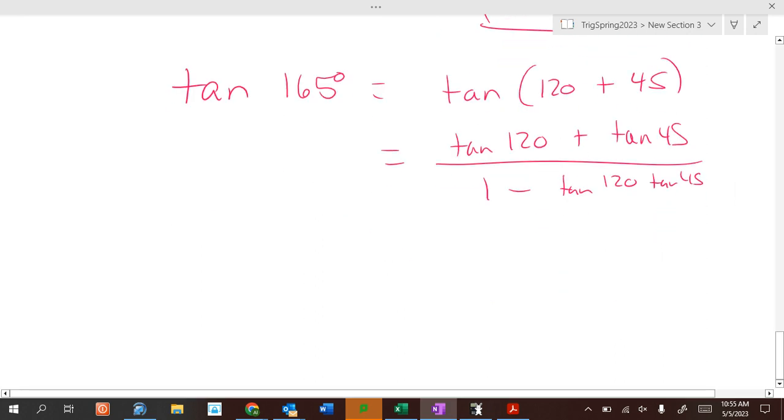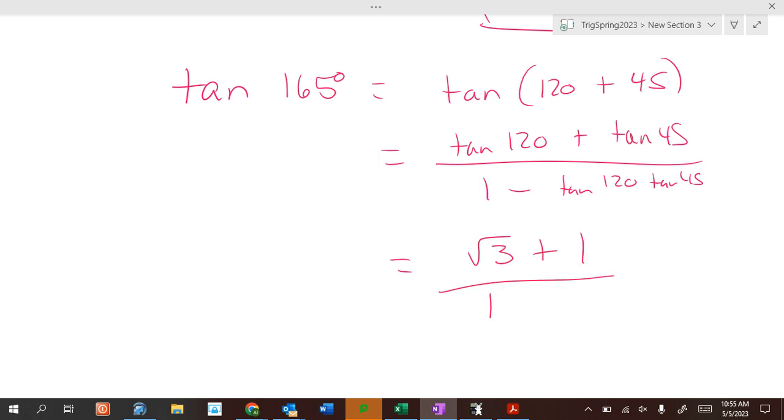What's the tangent of 120? Isn't it negative square root of 3? Yeah.